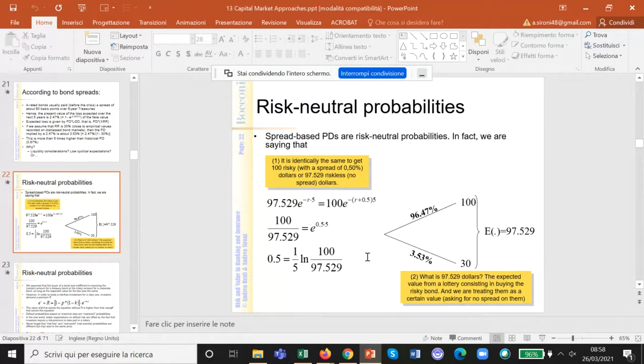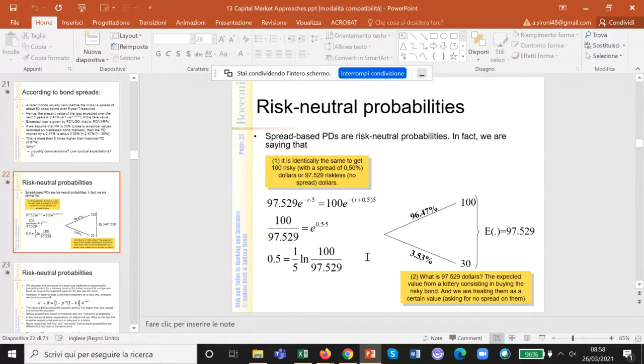The truth is that when we look at the spread, in reality, the spread not only reflects the probability of default, but it actually reflects risk aversion.